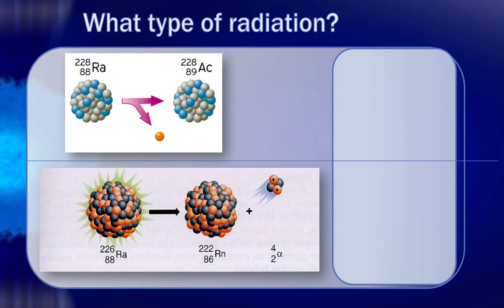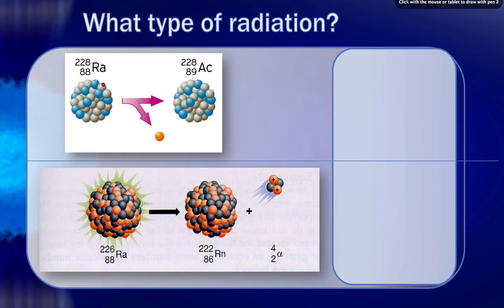Okay, that brings us to figuring out, by looking at pictures, what type of radiation we're looking at, and how nuclear equations factor into the whole thing. So here we have some sort of nucleus that has 88 protons in it, a mass number of 228, and the element is radium.